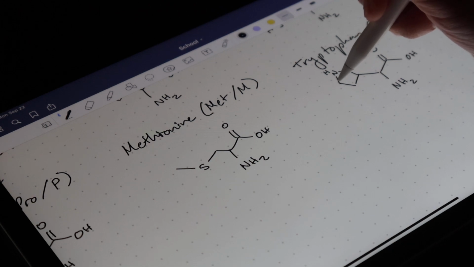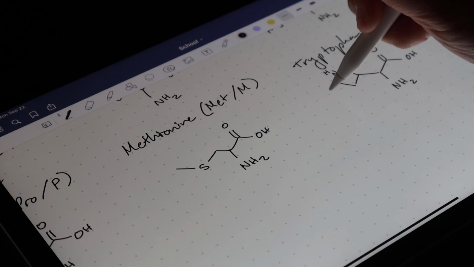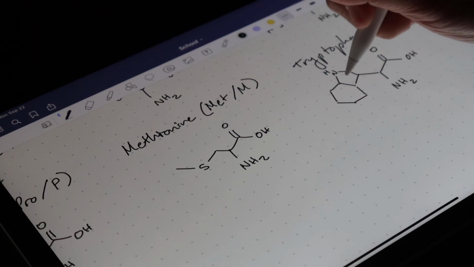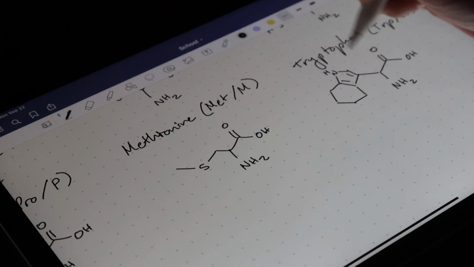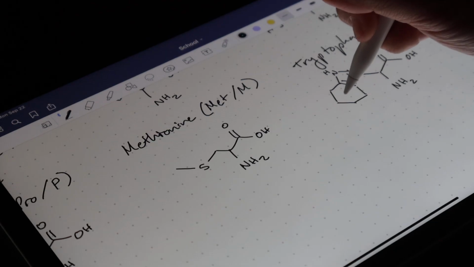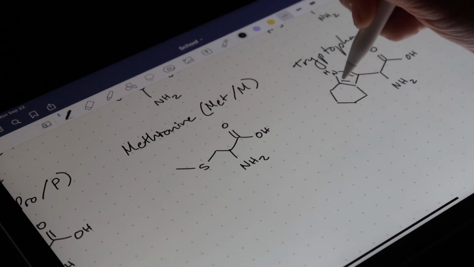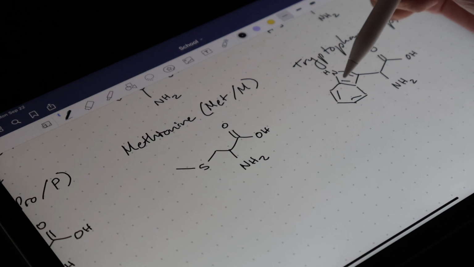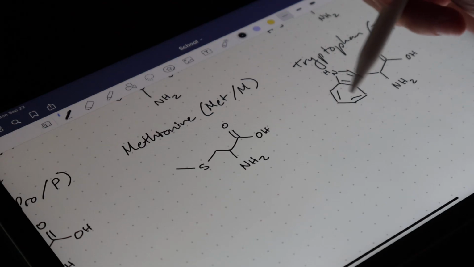But then you'll have 1 5-membered ring with another nitrogen in it, and then a 6-membered ring, which is actually a benzene, because it shares this double bond with a 5-membered ring. So there we go.